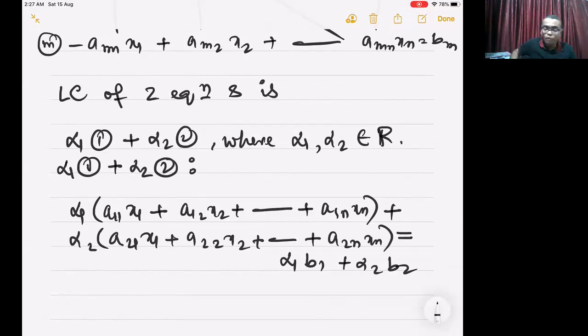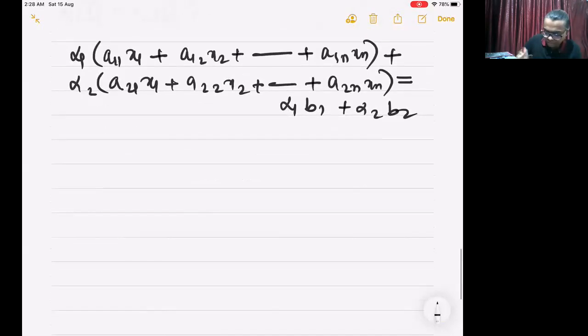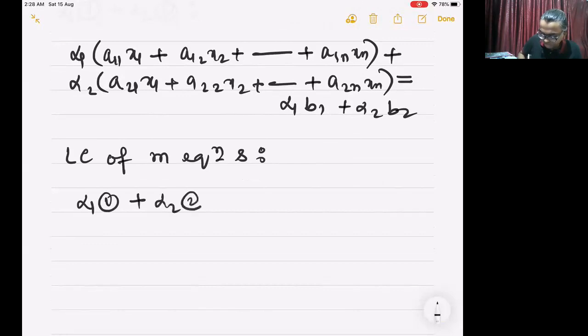Now, of course, by a little flight of imagination, you can consider linear combinations of m equations. There's no harm in it, right? So now I can look at a linear combination of m equations: alpha 1 into 1 plus alpha 2 into 2 plus dot dot dot up to alpha m into m. How is it going to look?